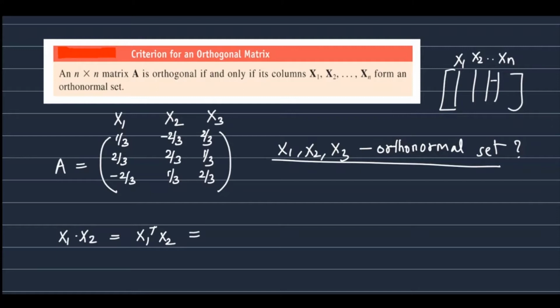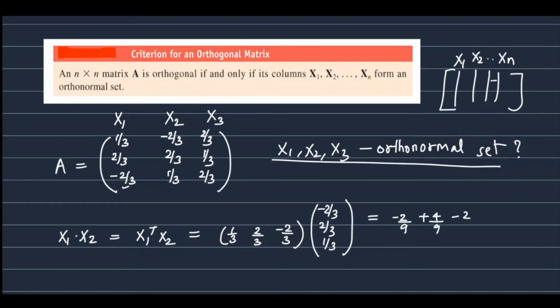Now x1 is the column vector 1 by 3, 2 by 3, minus 2 by 3, so its transpose is 1 by 3, 2 by 3, minus 2 by 3, times x2, which is minus 2 by 3, 2 by 3, 1 by 3. Here we get minus 2 by 9 plus 4 by 9 minus 2 by 9, which is equal to 0. So x1 dot x2 is 0.